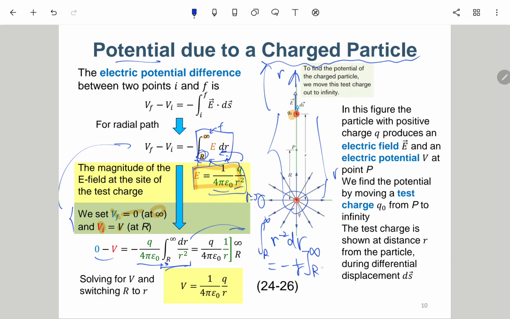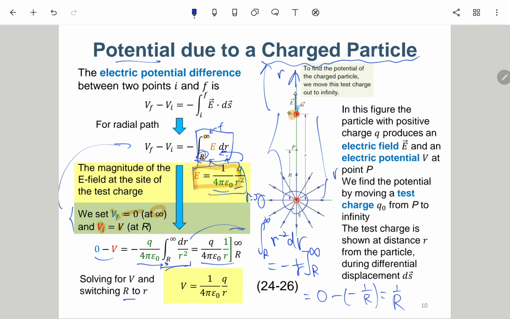Negative 1 over infinity is 0, and then minus negative 1 over capital R, so it will be 1 over R. Then it will be Q over 4 pi epsilon naught, times 1 over capital R.